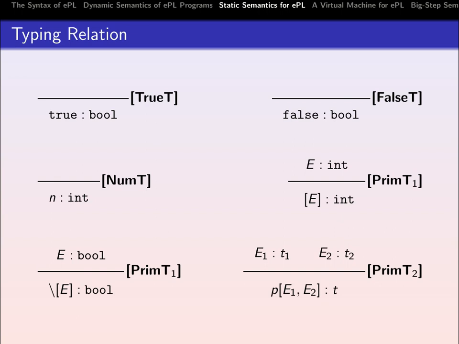As an example, I think this actually was tilde, and tilde in LaTeX sometimes is not printed. So this is the unary minus. So unary minus E has type int. If E on the other hand has type bool, negation E is bool.